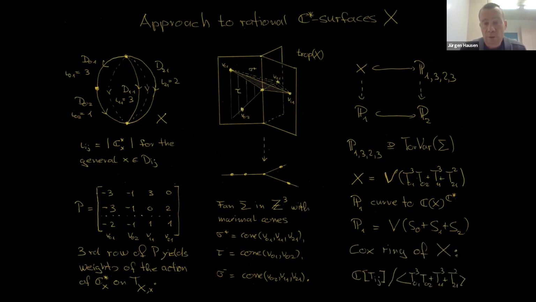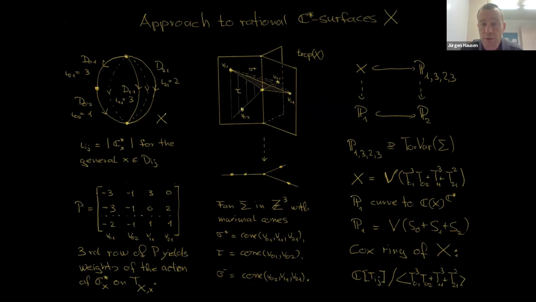And the good thing in all this construction is that we get for free the Cox ring of the surface X. It is just a polynomial ring in the variables Tij modulo this defining relation. And the grading of this Cox ring is the same as the grading of the Cox ring of the weighted projective space.